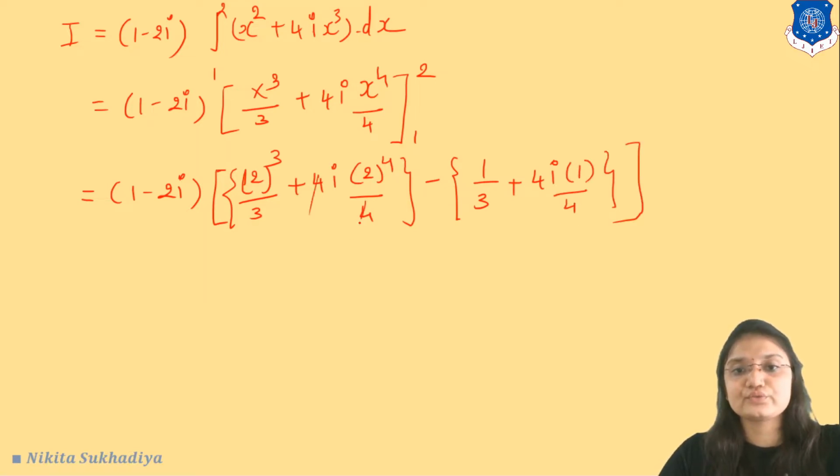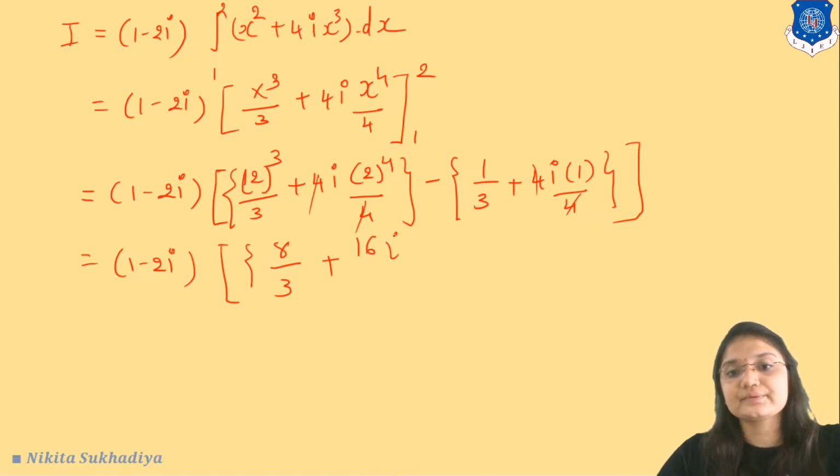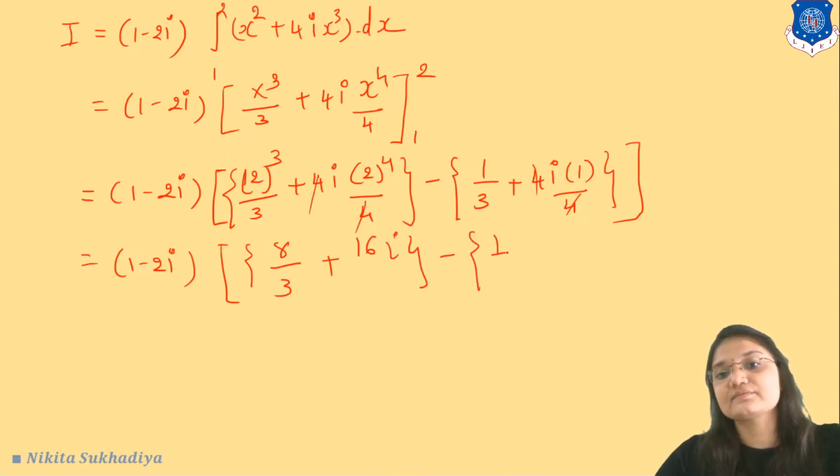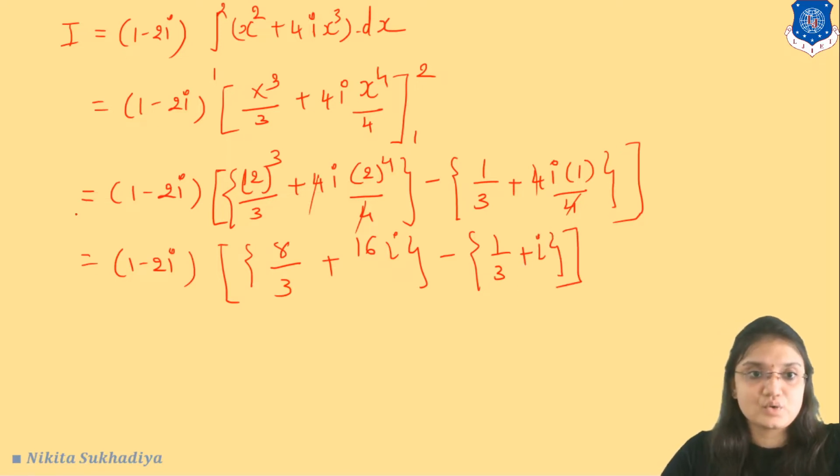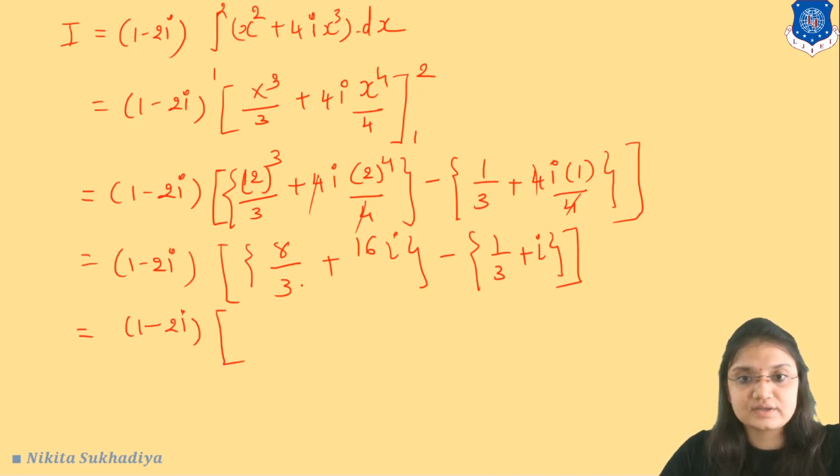Okay, so the 4 cancels out, here also the 4 cancels out, so this will become (1 minus 2i) times (8 by 3 plus 16i minus 1 by 3 minus i). Okay, so now this will become (1 minus 2i) and this is 8 by 3 minus 1 by 3, so this will become 7 by 3, and this is 16i minus i, so this will become 15i.